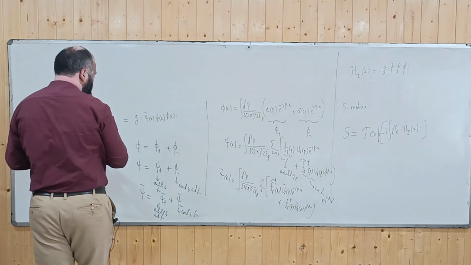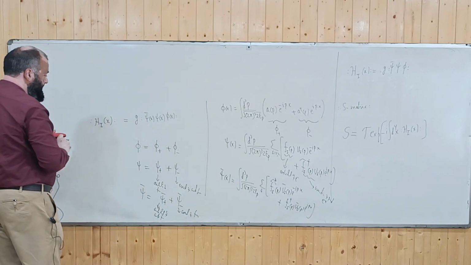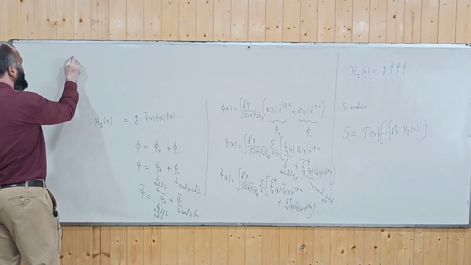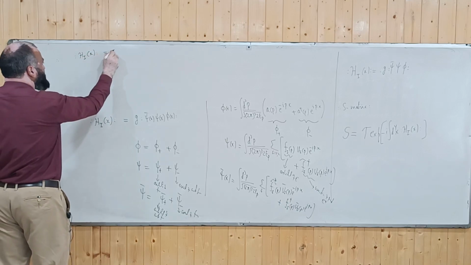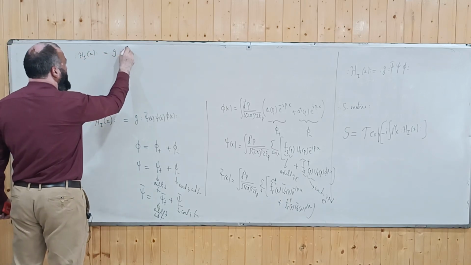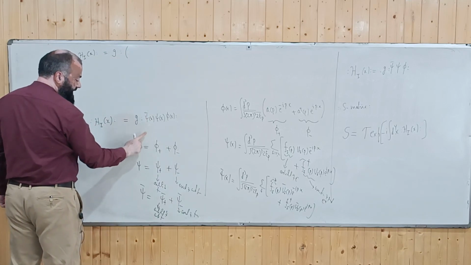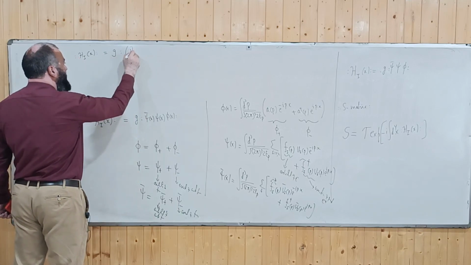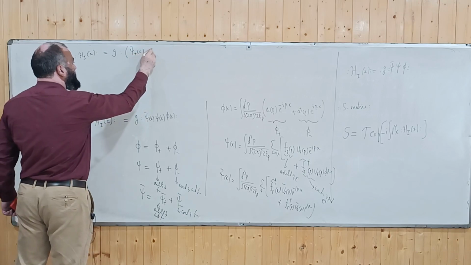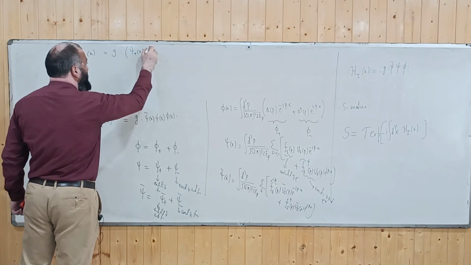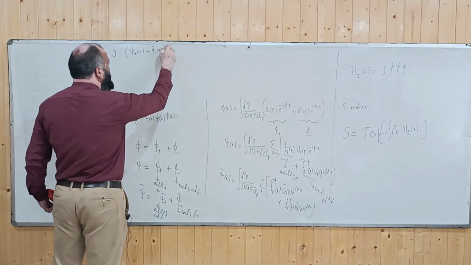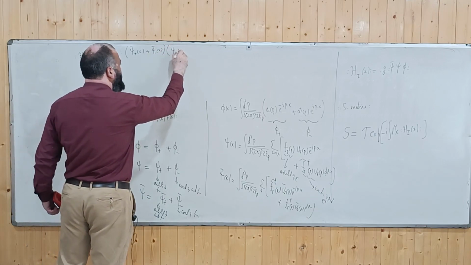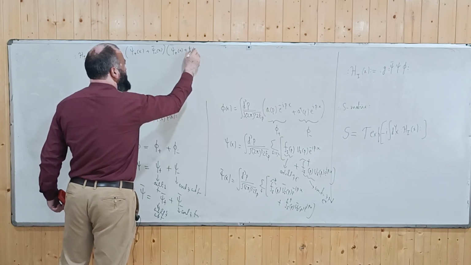Okay. So let me write. Let's substitute these things in this HI. So therefore, I can write this normal ordered HI of x. That's equal to G times the normal ordering of, so what is psi bar? You are having psi bar plus of x plus psi bar minus of x, with these space-time arguments. Then you are having psi plus of x plus psi minus of x.